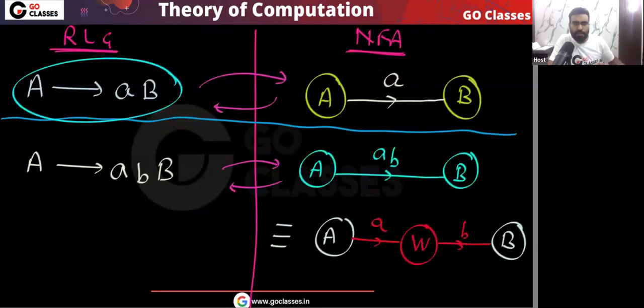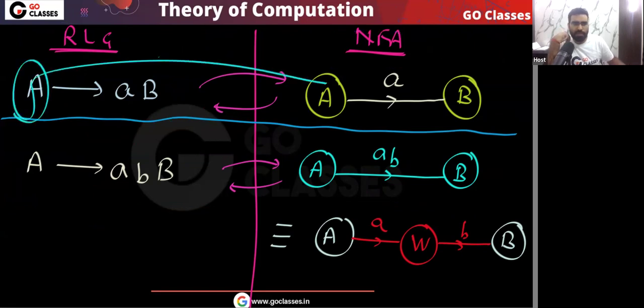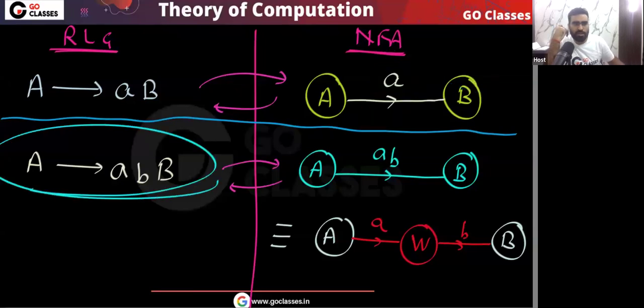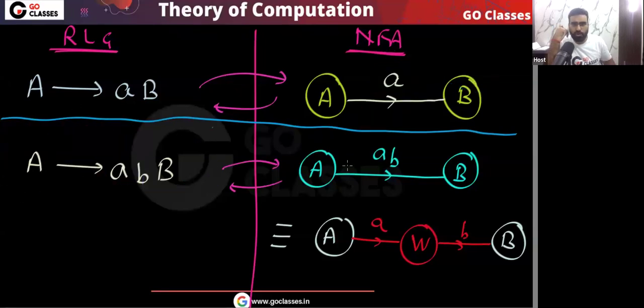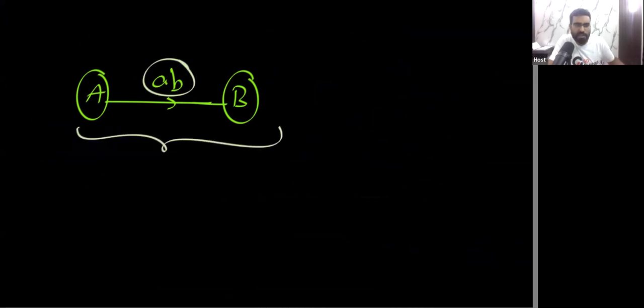Look at this. If you have this production in right linear grammar, A goes to aB, then in the NFA these variables become the states, so you do A on a goes to B. For example, A on ab goes to B. Remember one more thing: you might be thinking, sir, can we put this type of production in the NFA, this type of edge?